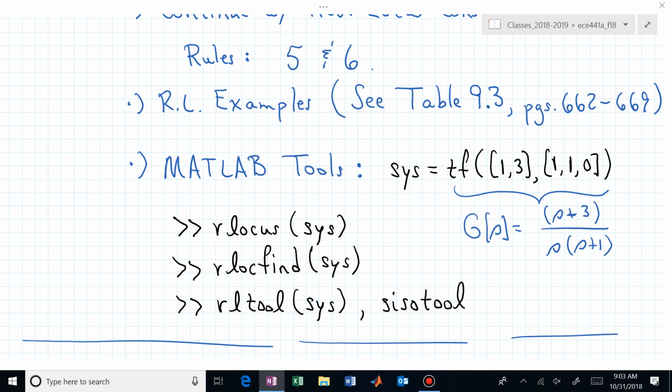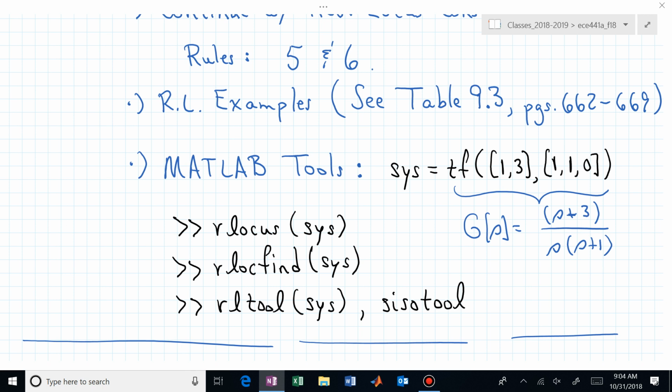Hopefully you're comfortable with that, and if not, the book kind of coaches you through how to use MATLAB. Then you can simply issue one command, rlocus, on that system description, and boom, the root locus will appear. You can find particular locations in terms of roots and the gain on that spot on the root locus by doing rlocfind, root locus find.